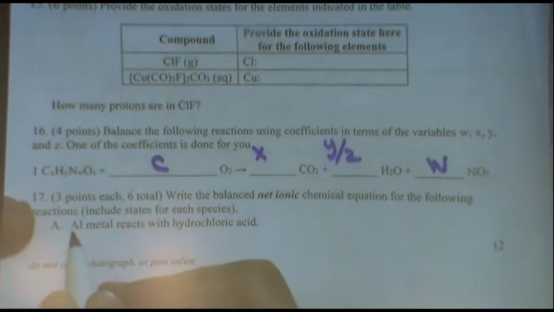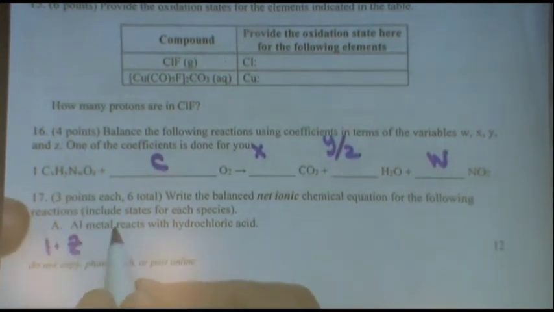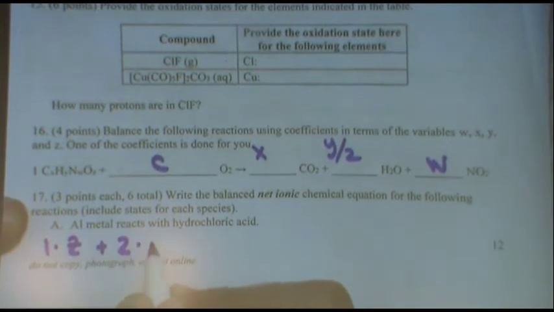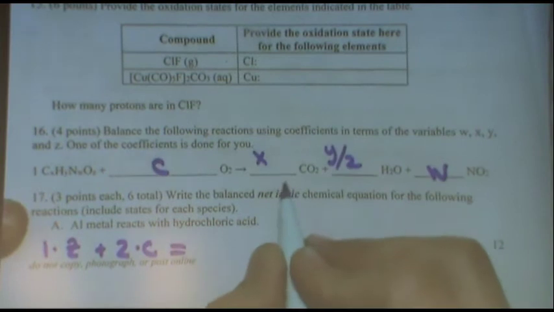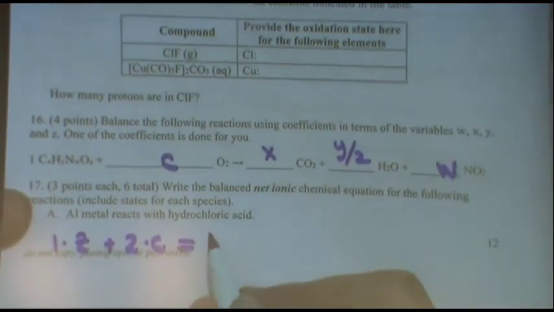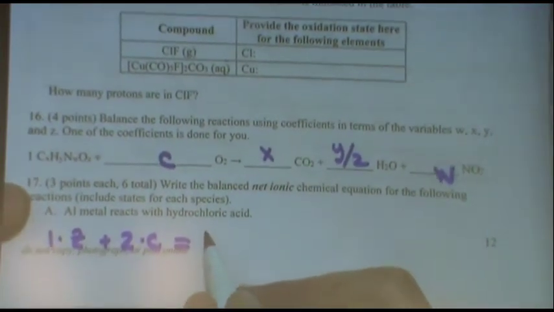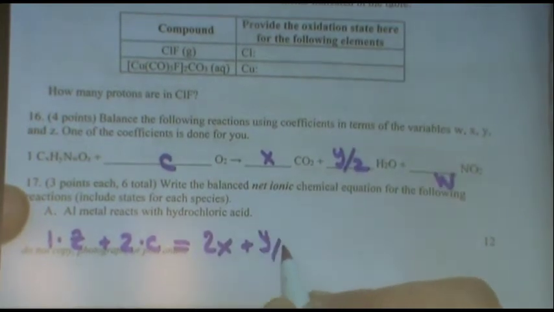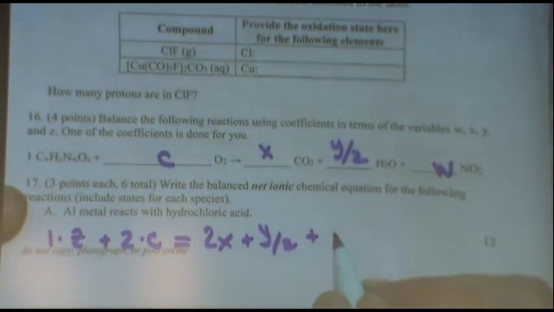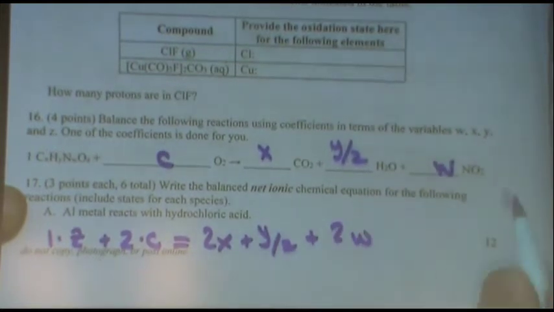So, Z times 1 plus 2 times C, your favorite letter, is equal to, what's next? 2x plus y over 2 plus 2w.